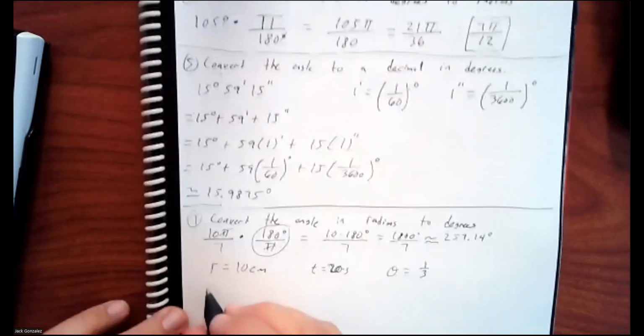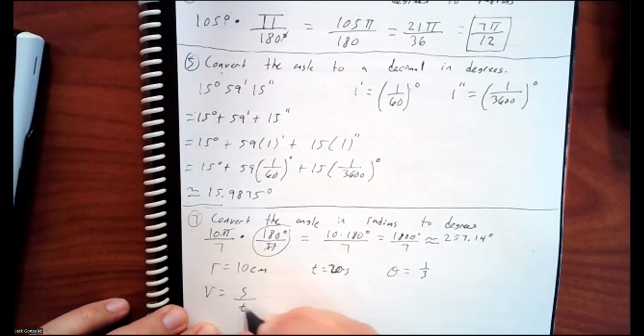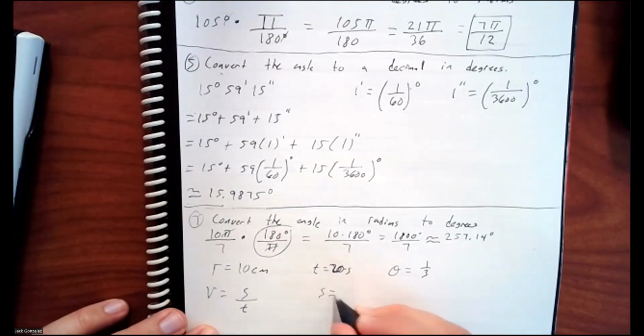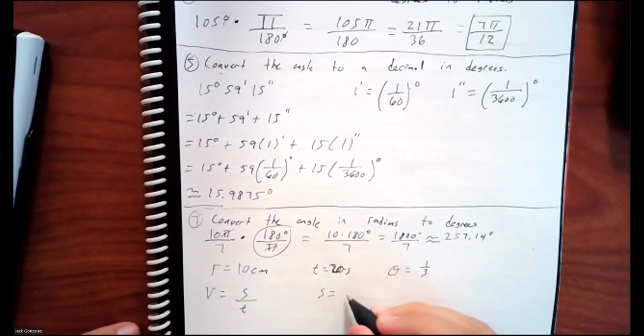So linear speed, v, is equal to s over t. So we've got to find s. Do you remember what s was? It was the length of the arc, which is found by doing r times theta.